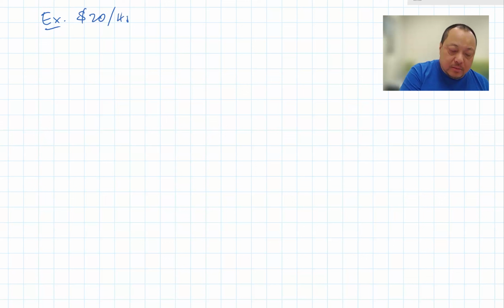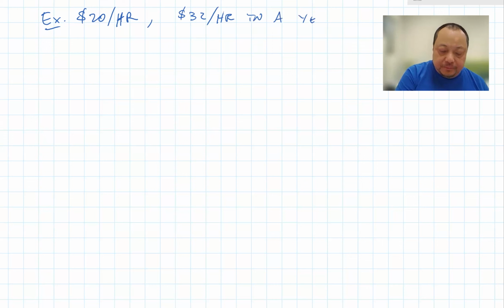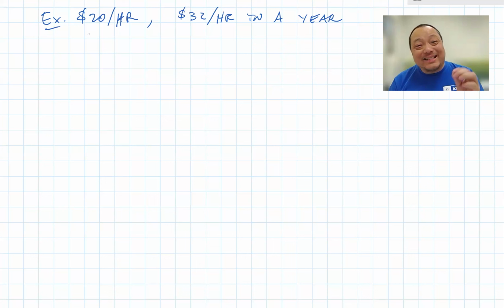Let's imagine the same situation, but slightly different. Also $20 an hour to start. Also $32 an hour in a year. But in between, instead of giving a fixed amount in raise, I'm going to give you a fixed percent raise.